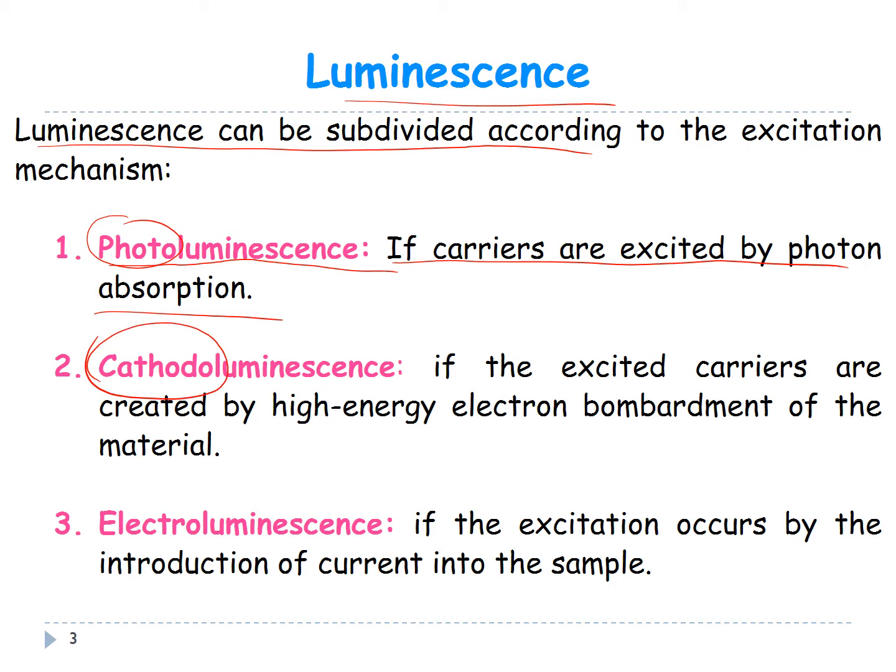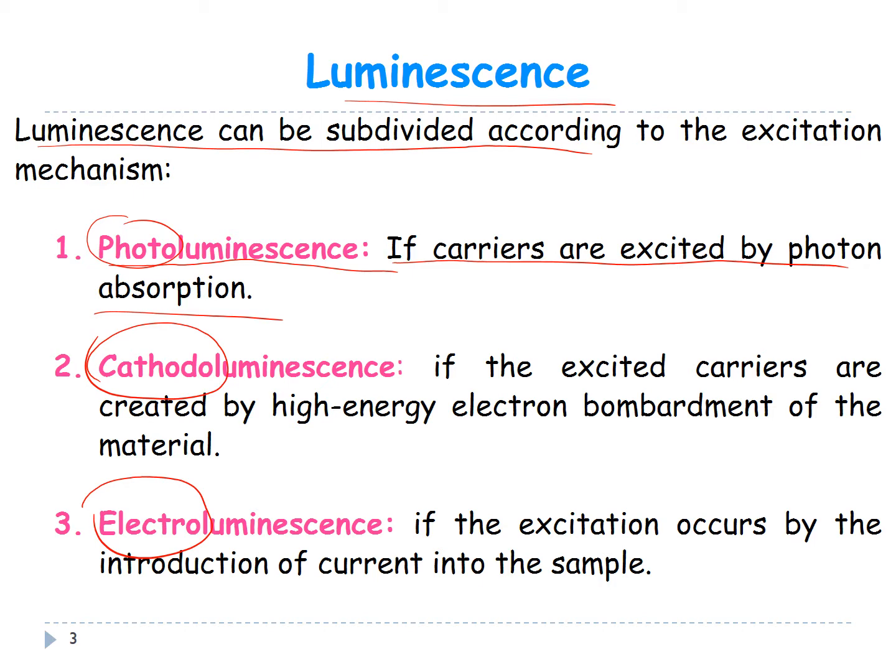And if the excitation occurs by the introduction of current into the sample, we call that electroluminescence. So remember, this first part of the word refers to the excitation mechanism.